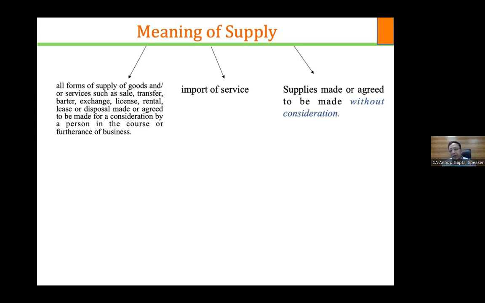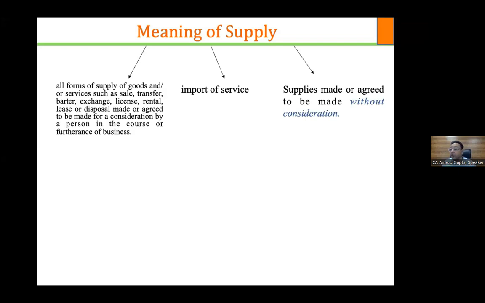Like I have said that my one shop is in Delhi and one shop is in Gurgaon, and I am making a stock transfer from one shop to another shop. Obviously I will not be charging any consideration, and it is a supply from me to me only. But since there are two separate registrations under GST, one in Delhi, one in Haryana, whenever I supply goods or merchandise from this location to my other location, then also it will be treated as a supply and GST will be applicable on it.